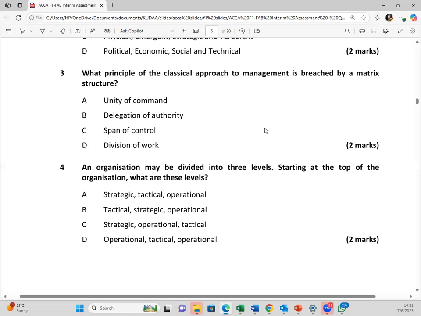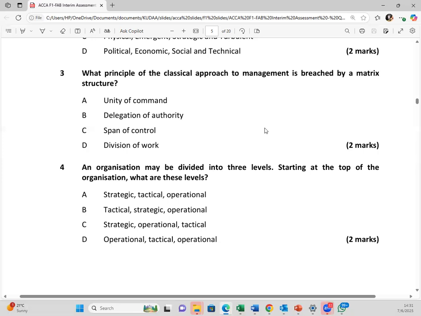What do you think? Faith is saying A, and I support Faith. So the matrix structure challenges unity of command because under the matrix structure, you'll be reporting to different bosses.